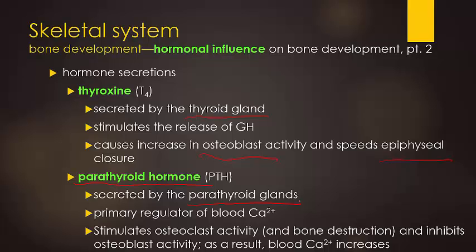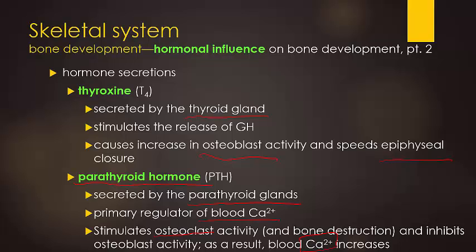Parathyroid hormone is really important because it is the primary regulator of blood calcium levels. So if there's a deficit of calcium in the blood, this stimulates the activity of osteoclasts. The osteoclasts will move in and begin breaking down bone, and as a result, they're going to release calcium into the blood.